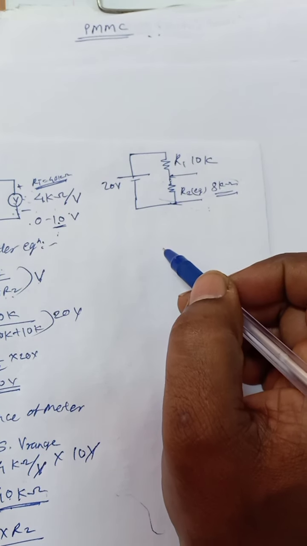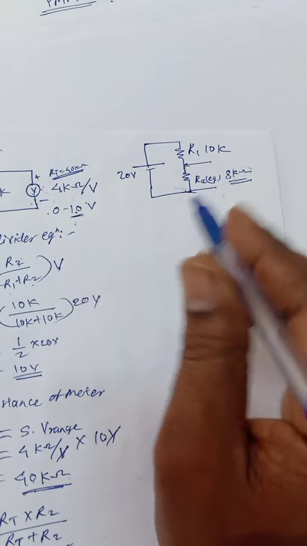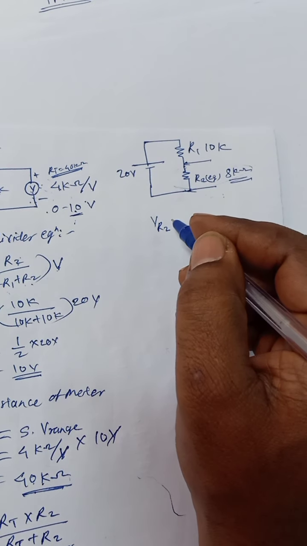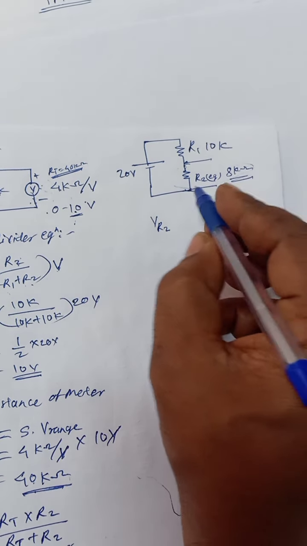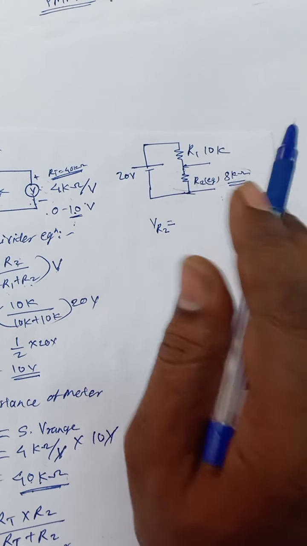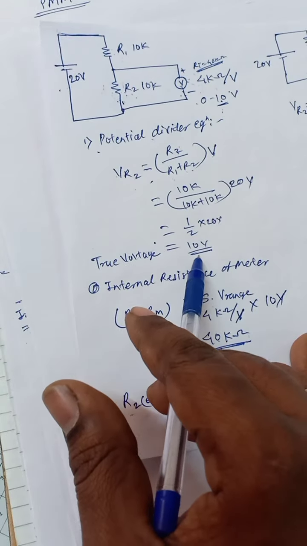Now by using the potential divider, same formula, we can find the voltage across R2. This voltage across R2 is the voltage measured by the voltmeter, and the true voltage should be 10 volt.